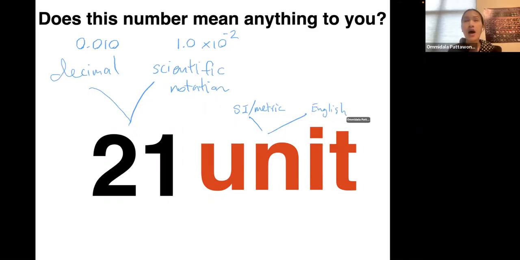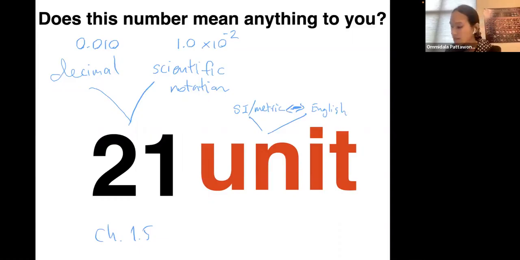So for example, mass: when you describe mass, you can either use the SI unit or metric in terms of grams or kilograms, but when we talk about English unit, that can be described as pounds, for example. So we're going to take a look at this. And eventually in chapter 1.5, you are going to learn how to convert between these two units, and also the metric unit that also contains the prefix as well. So that's another layer that we're going to add later.